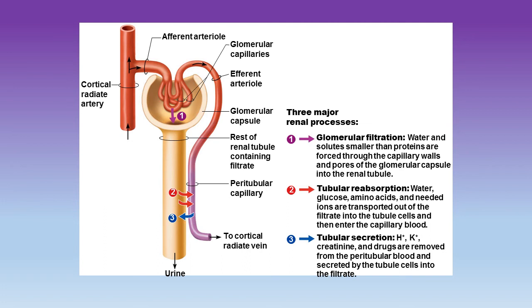Maybe the pH is low, you need to remove some hydrogen ions. Maybe you need to remove potassium because it's very high, creatinine. Your secretion is moving substances out of the blood into the tube. Once again, anything that's left in the tube is forming the urine.